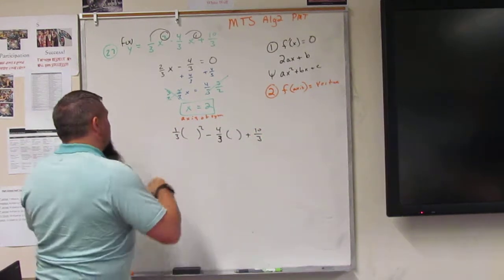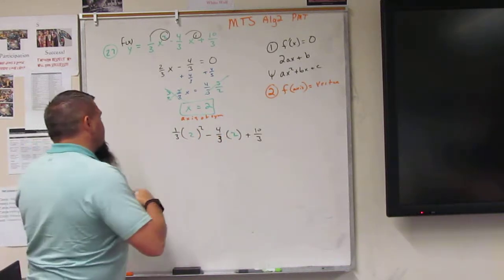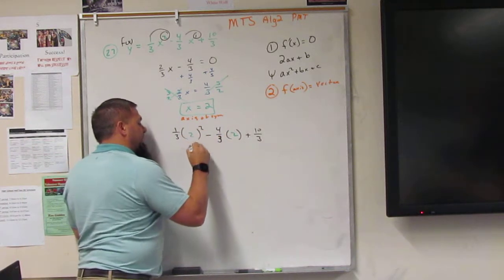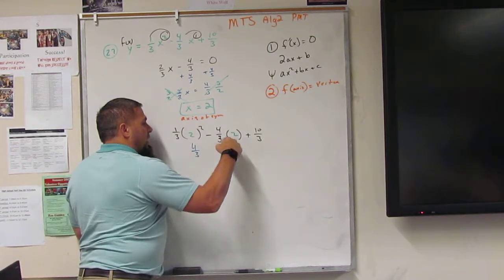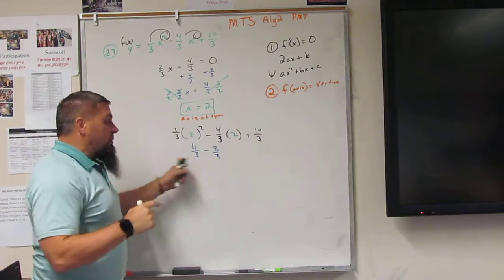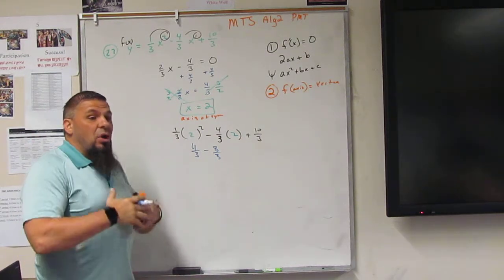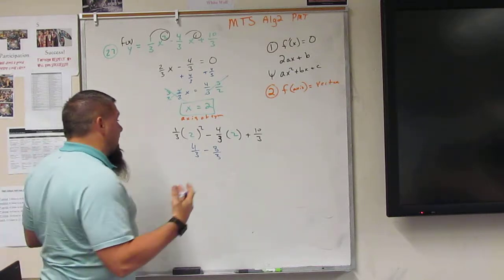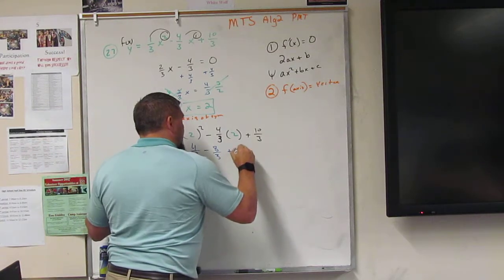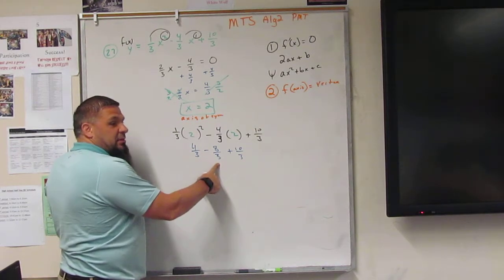And so what I do is I plug in that 2 and that 2. In this case, I have 2 squared, which is 4/3. In this case, it becomes minus 8/3. Now these should always be halves of each other. You know you're on the right track if you get halves. And we are on the right track because this is half of this, right?